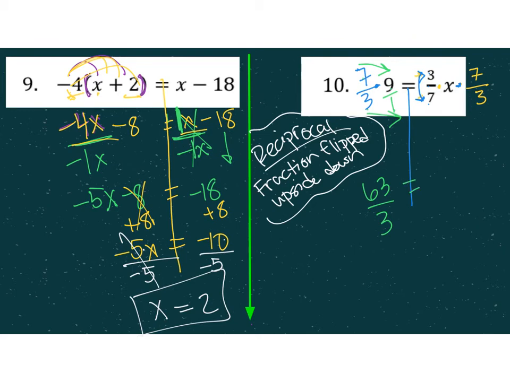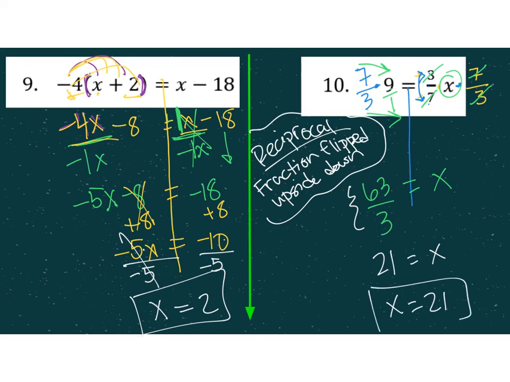Okay. Over here, this 3 divided by 3 cancels. This 7 divided by 7 cancels, and I'm left with just x, which was my goal. That was the whole reason I multiplied by the reciprocal in the first place. All right, I can go ahead and simplify this. 63 divided by 3 is 21, and I end up with x equals 21.